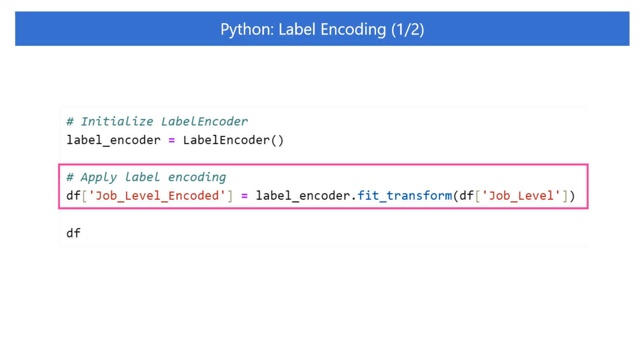Next, implement label encoding by applying fit_transform to the label encoder. Fit_transform identifies unique values in the job level column, sorts them alphabetically, and assigns a numerical label to each. The encoded values are stored in a new column called job level encoded in the data frame.